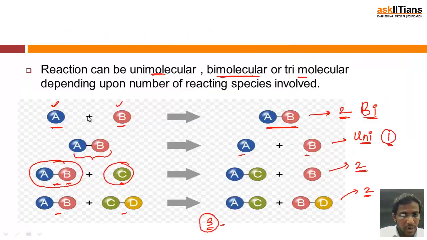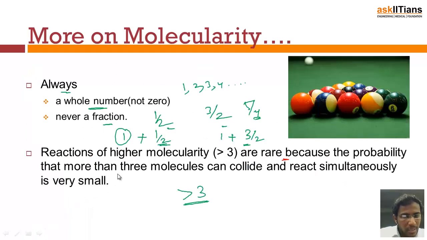If you consider the last example, these two molecules have to collide with each other, and as a result the products will be formed. But the probability that more than 3 molecules will collide simultaneously is very small. So molecularity greater than 3 is rare. Only molecularities up to 3 are very common, and greater than 3 are very rare.